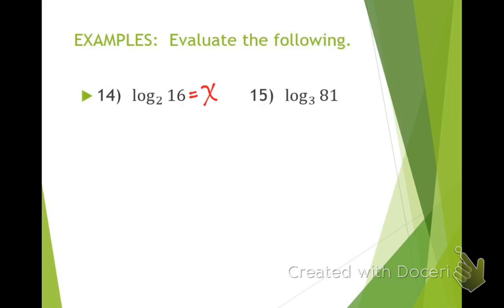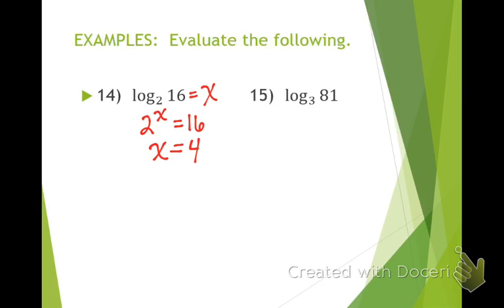So now we're going to switch from logarithmic form back into exponential form. So I'm going to have what as my base? 2. Raised to what exponent? The x, and it's going to equal 16. 2 to what power is equal to 16? 2 to the 4th power. 2 times 2 times 2 times 2 is 16, so x would have to be 4.